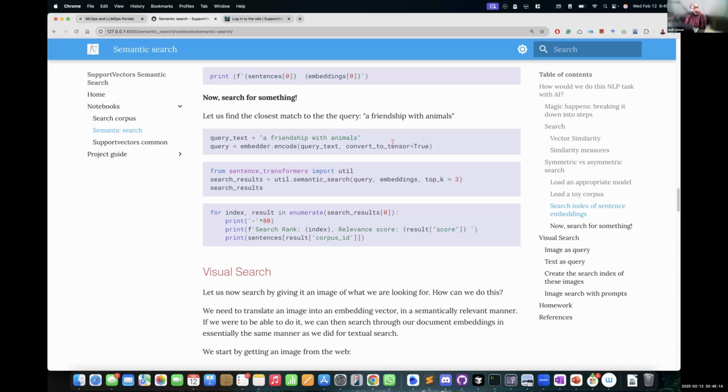And the most amazing thing with the search results, when it comes, is that the first and the second search result will have neither the word friendship nor the word animal in it. In fact, the first text that has the word animal in it comes much later.